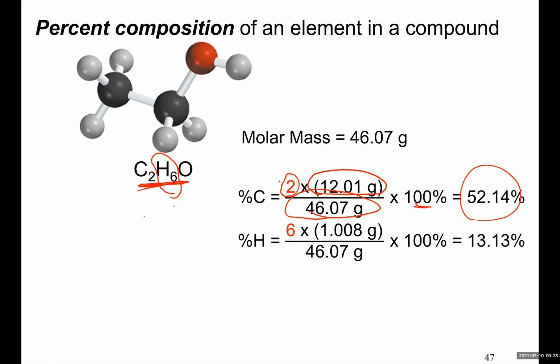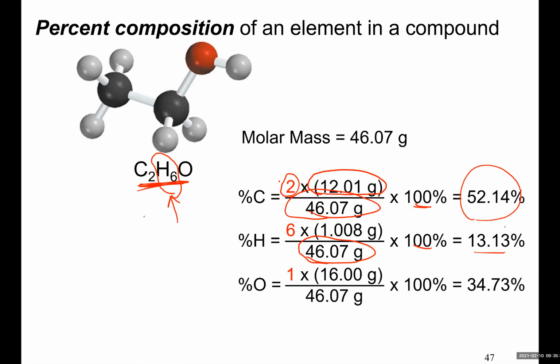Multiplied by 6, that's the mass of 6 moles of hydrogen. Every mole of ethanol is 46.07 grams, so you divide the mass of hydrogen by the total mass of this 1 mole, times 100, and the percent of hydrogen in ethanol is 13.13%.